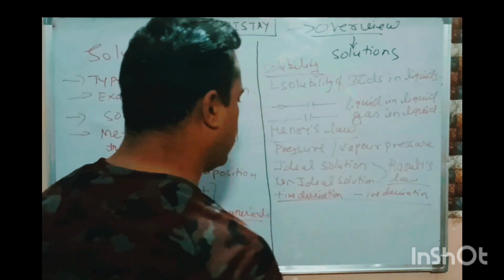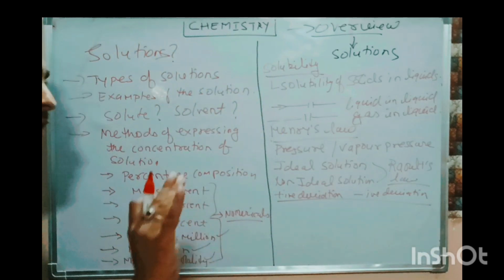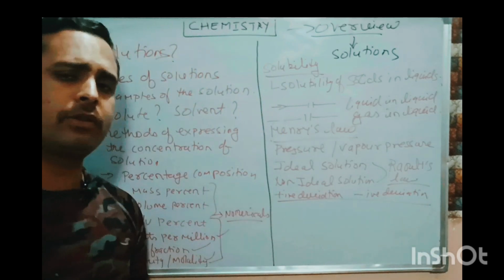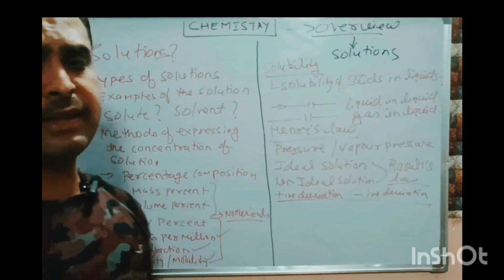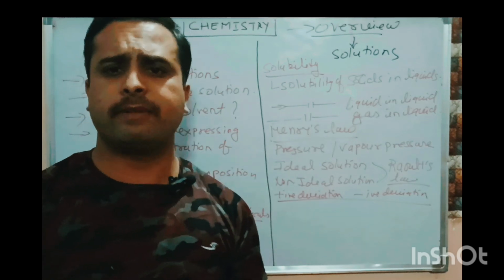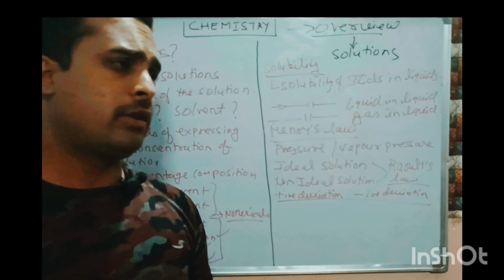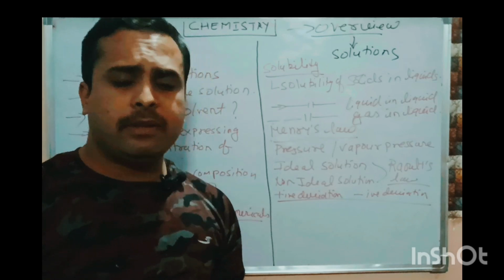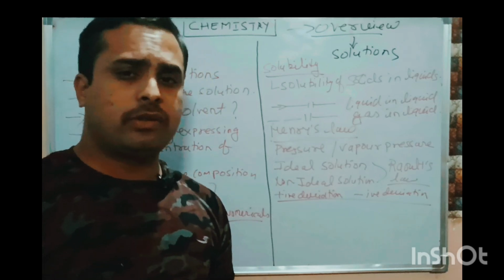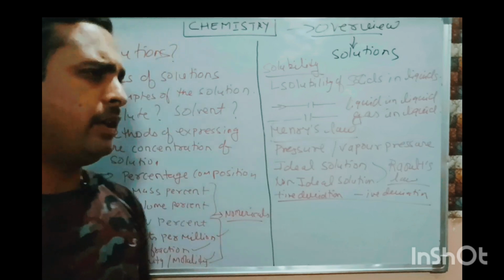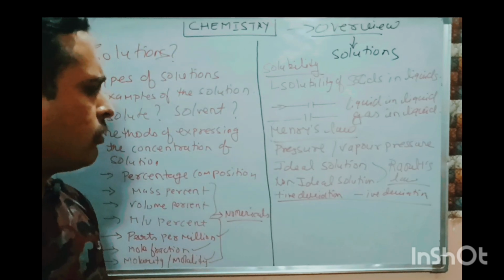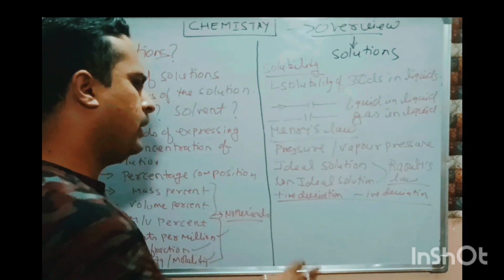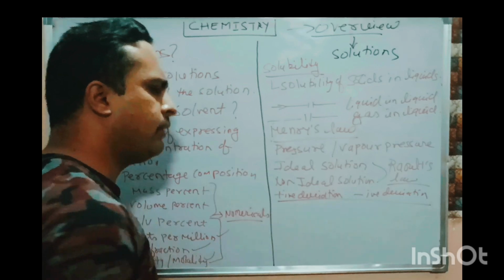There are graphical representations, some equations, and some examples regarding positive and negative deviations. In previous examinations, 2022, 23, and especially 2024, we have got questions from the examples of positive and negative deviations.